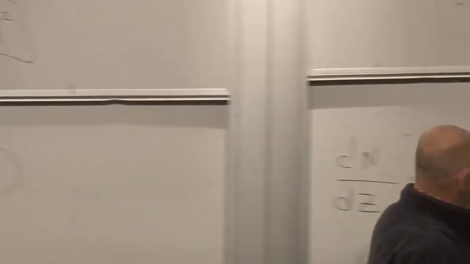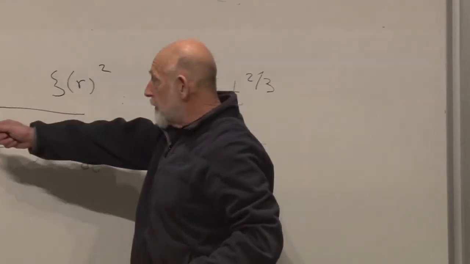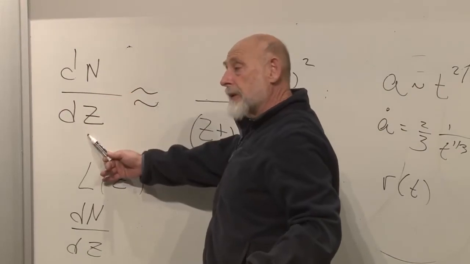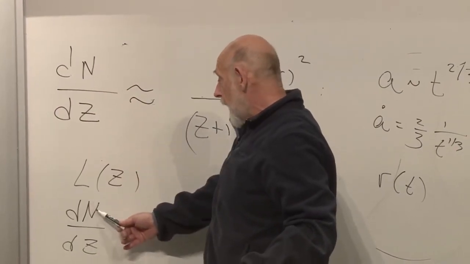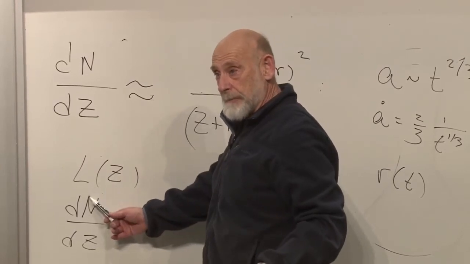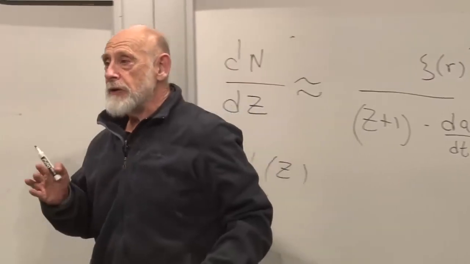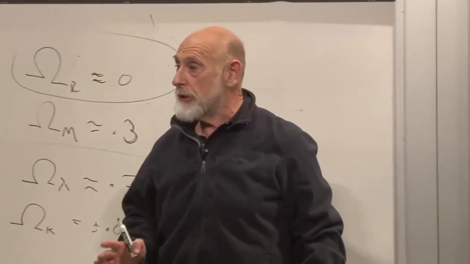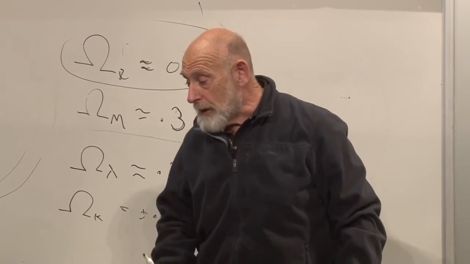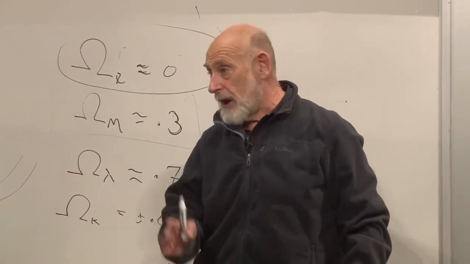Having computed A of t, we go to this blackboard over here and compute the observable signature, the number of galaxies per unit z, and the relationship between z and luminosity. The relation between z and luminosity is a generalization of Hubble's original calculation. Luminosity is distance, z is velocity.